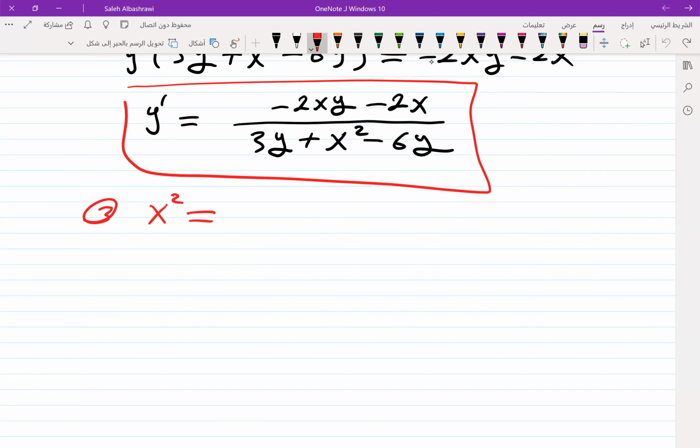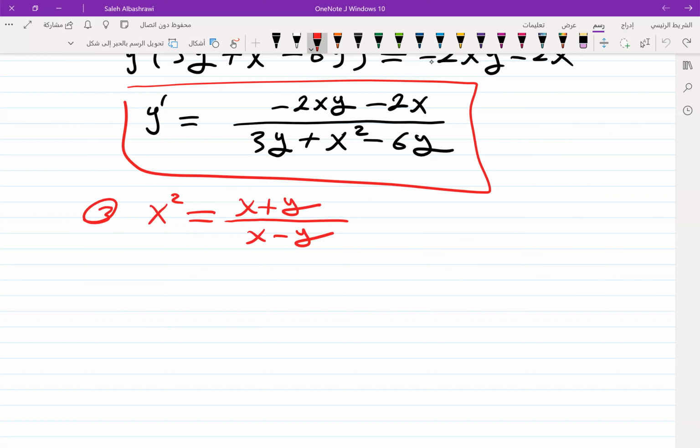x square equal to x plus y divided by x minus y. And we need to find the y prime for this function. I can apply the quotient rule for the right hand side, but that will be complicated a little bit. So first let's simplify the form of the equation.